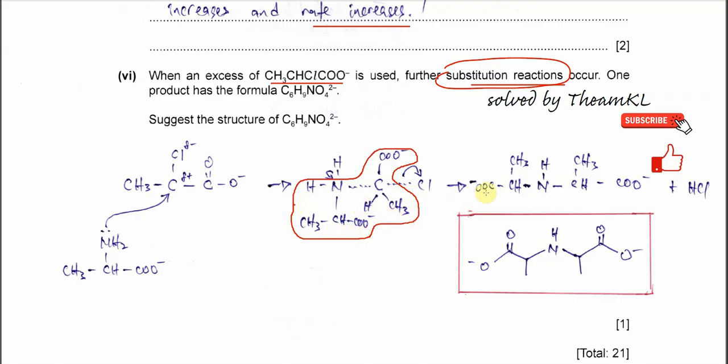So it's a COO here, CH, CH3, this part, NH, this part, CH, this part, CH3, this part, COO, this part. So therefore you get these products. This is the answer, this one, from the mark scheme. Okay, I hope you understand. Thank you.